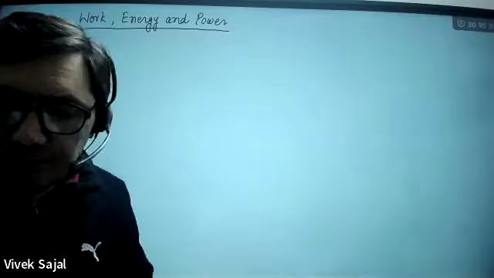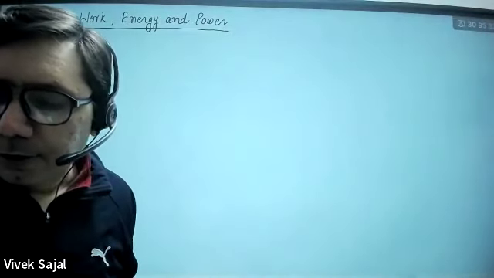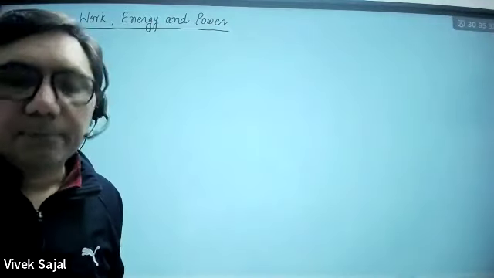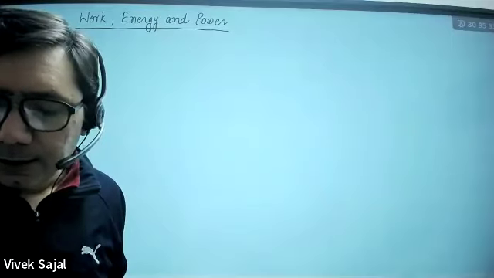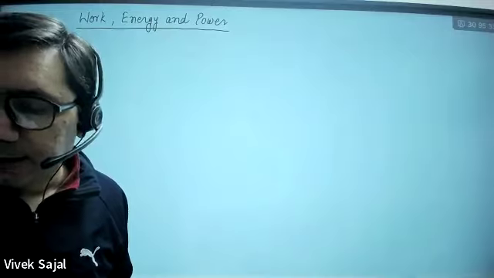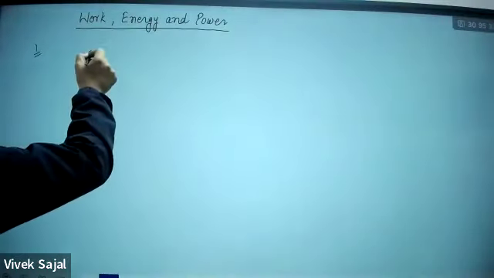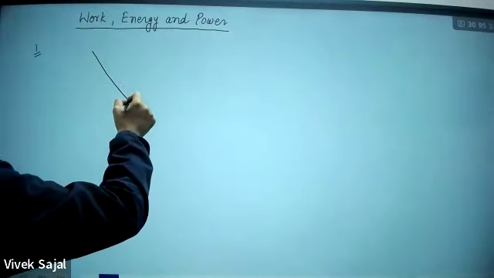A figure shows a smooth track AB with a rough horizontal surface at B having friction coefficient 0.2. A block of mass 1 kg is released on the track from a height of 1 meter. Find the distance it will travel on the rough track before coming to rest. So they are providing this type of track.